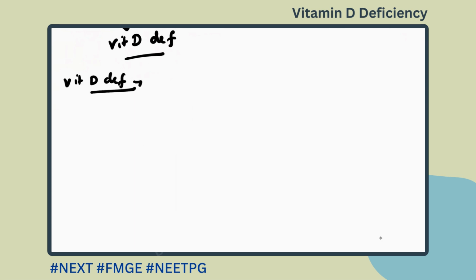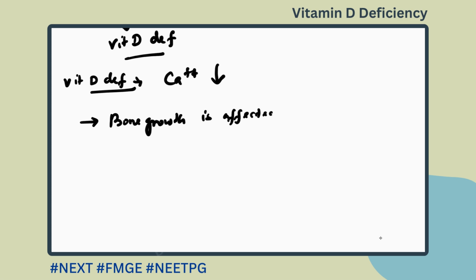Now, when vitamin D is deficient, what happens? Calcium level will be low in the body. Because of this low calcium level, bone growth is affected. How is bone growth affected? You all know, in the epiphyseal region, you get an epiphyseal plate.